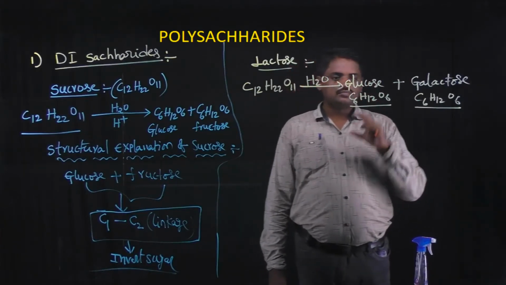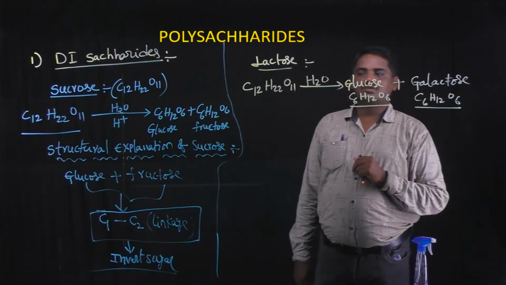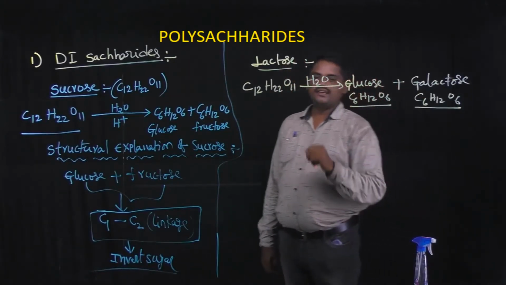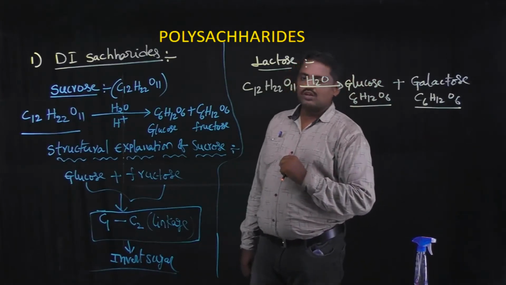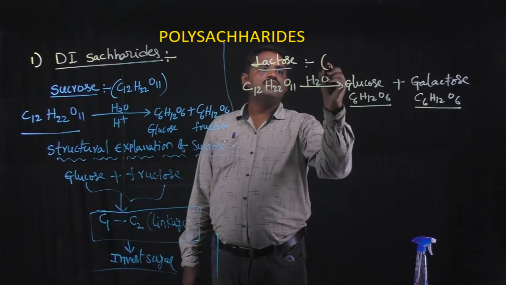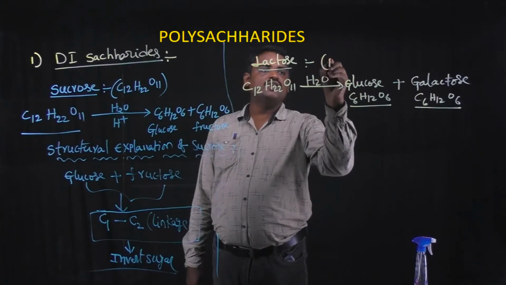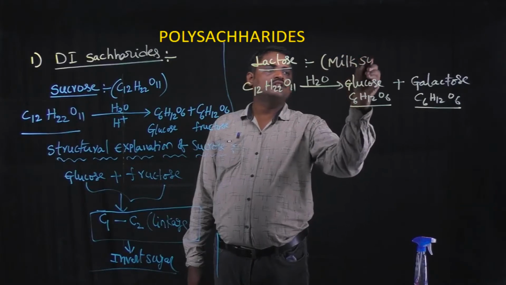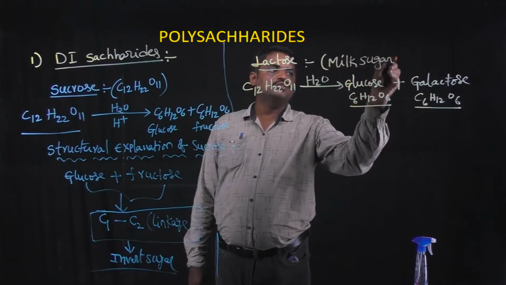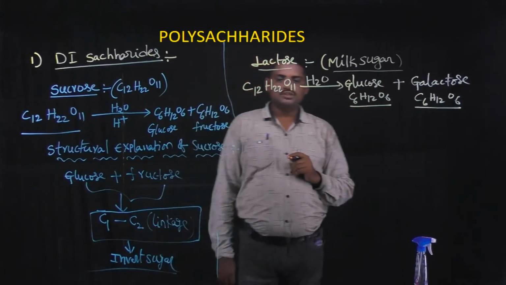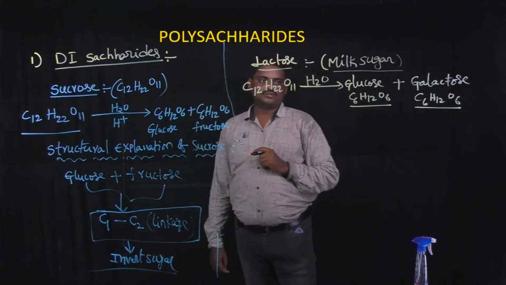So this type of molecule is known as a disaccharide. Lactose is one of the best examples of a disaccharide. This sugar is known as milk sugar.